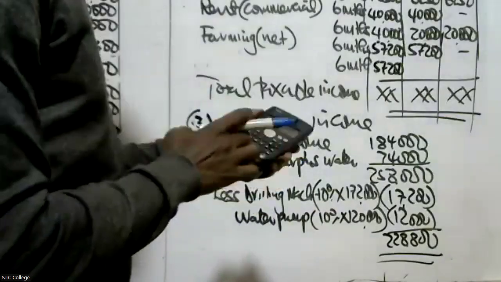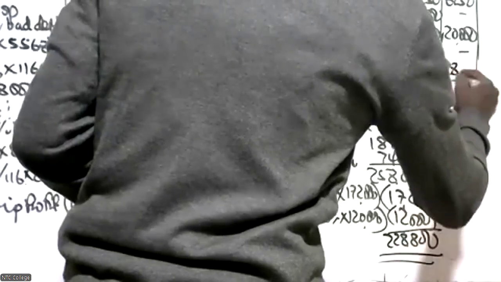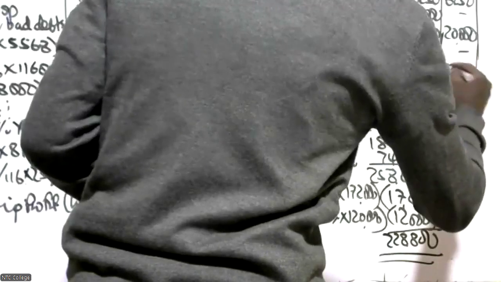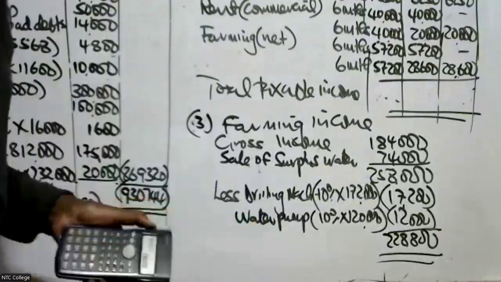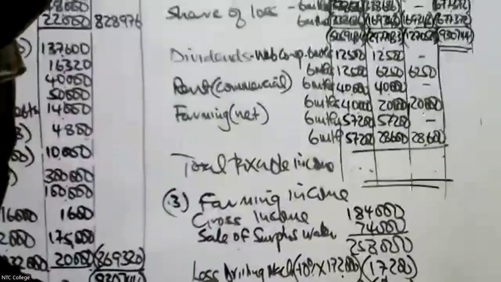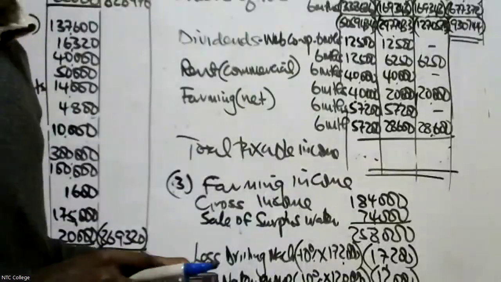The others will get half of that, which is 28,600 and 28,600. Then, like I told you, because of specified sources of income, you only add the incomes, you don't put the losses, because those losses are from partnership trading.